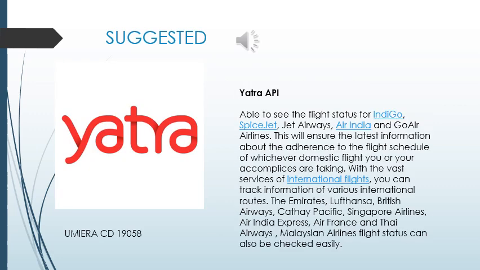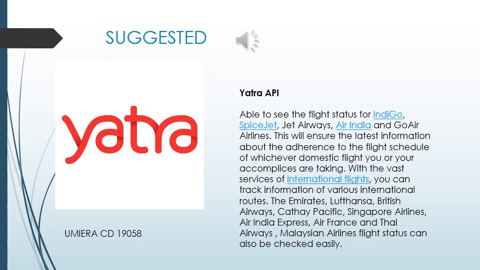API suggested is Yatra API, able to see the flight status for IndiGo, SpiceJet, Jet Airways, Air India, and GoAir Airlines. This will ensure the latest information about the adherence to the flight schedule of whichever domestic flight you or your accomplices are taking.